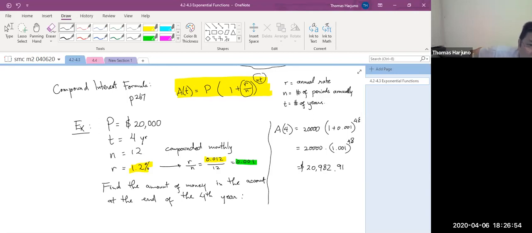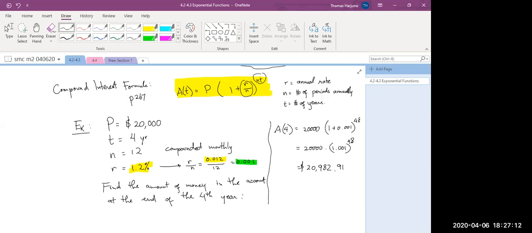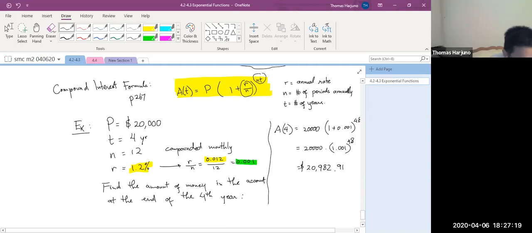Once you go to business major, I hope some of you are going to business major or econ major, you will learn why they make the interest rate lower. Would you like the interest rate to be low or high? It depends on what you do, right?